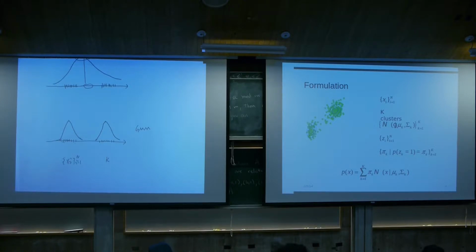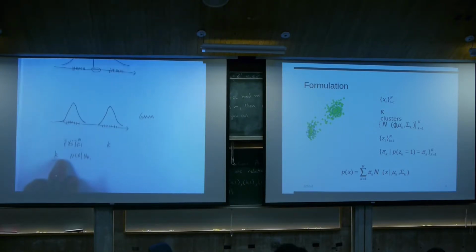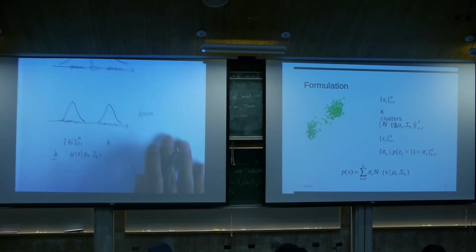For each cluster k, small k, we are going to use a multivariate Gaussian distribution to model the points in this cluster, which is normal distribution of x, parameterized by mu_k and sigma_k. Mu_k is the mean of this Gaussian, and sigma_k is the covariance.